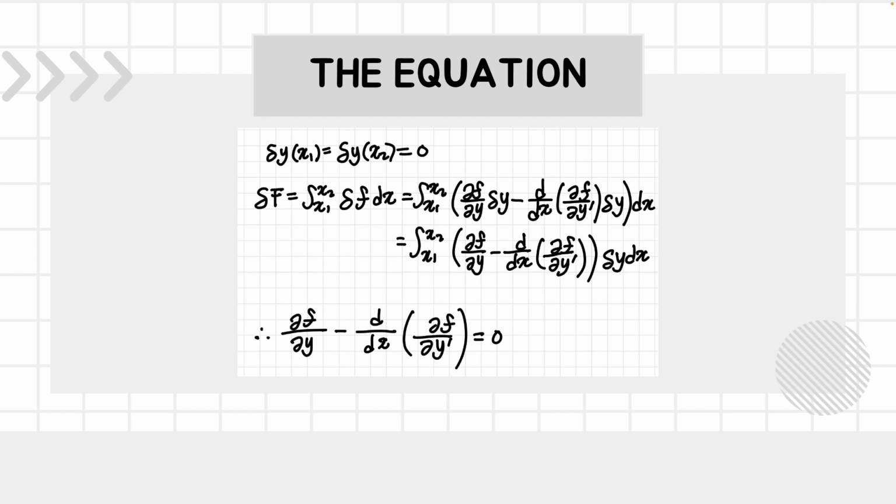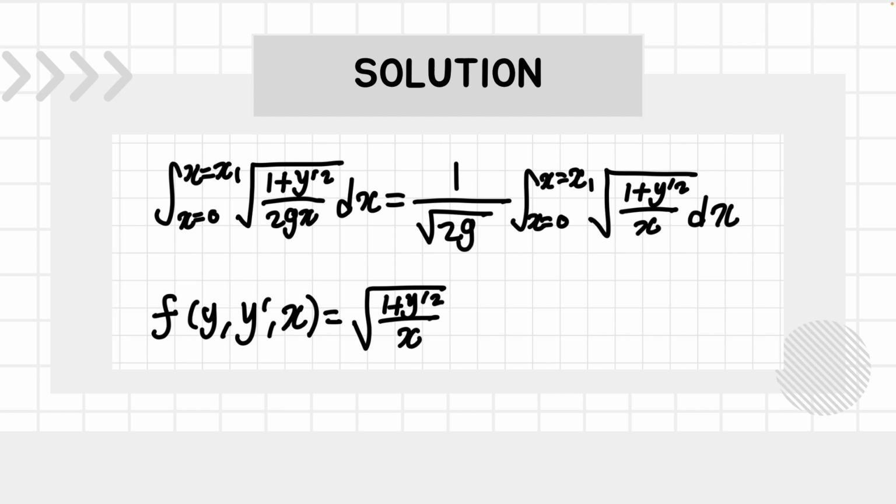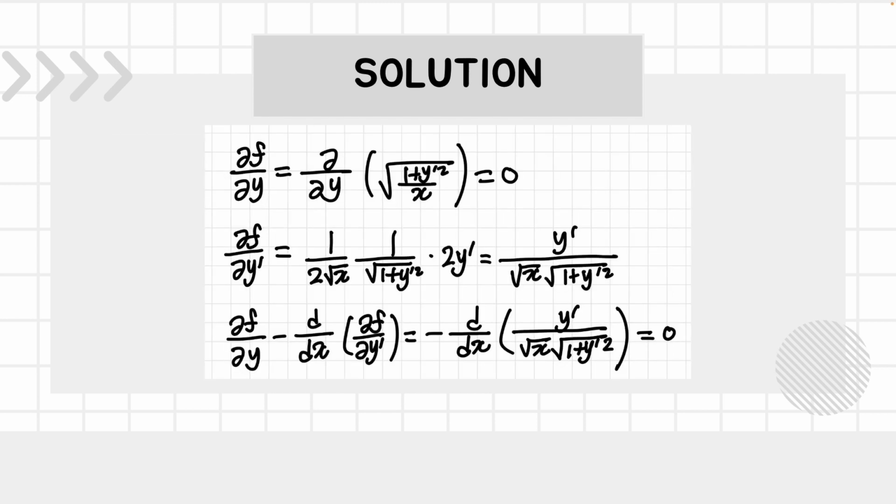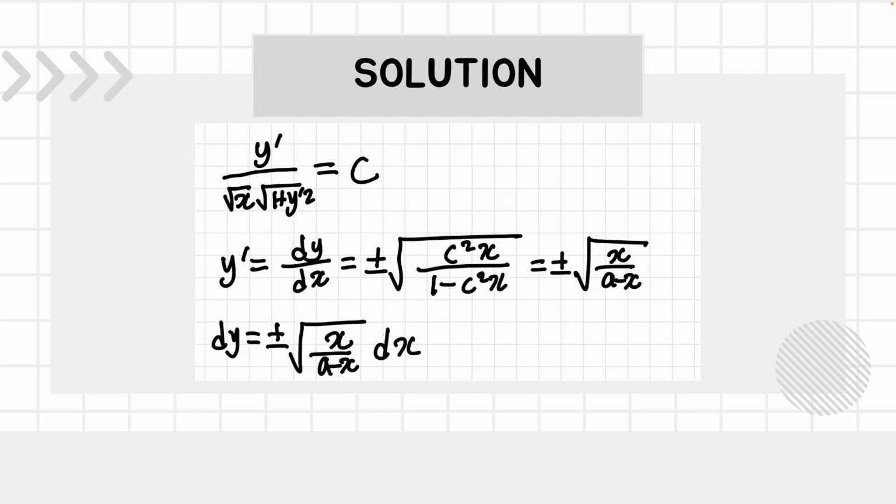Now that we understand the Euler-Lagrange equation, we can solve the brachistochrone problem. If we put f, y derivative, x, in the equation we used when figuring out the problem earlier, we get this. Because of the Euler-Lagrange equation, it goes like this. Here, if we set the following term as c and express it for y derivative, dy is as follows.